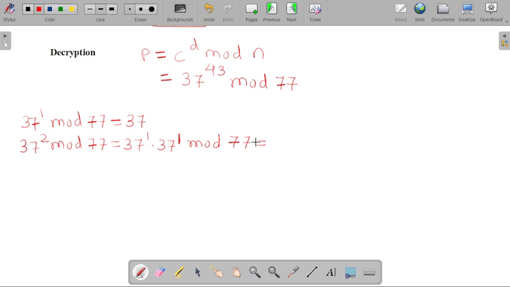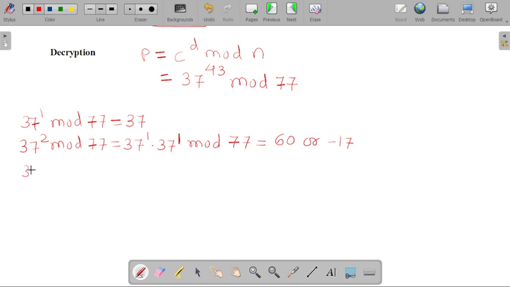So we got the value equal to 60. Or we can write it as minus 17, because 77 minus 60 is equal to 17. So 60 minus 77 is nothing but minus 17.